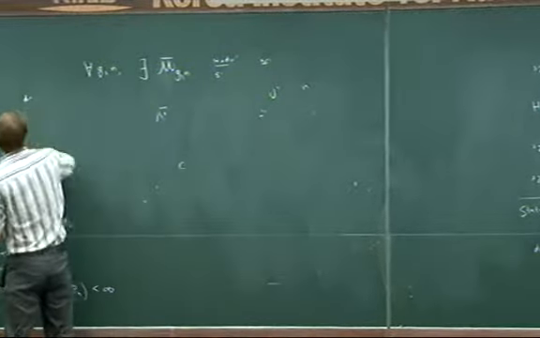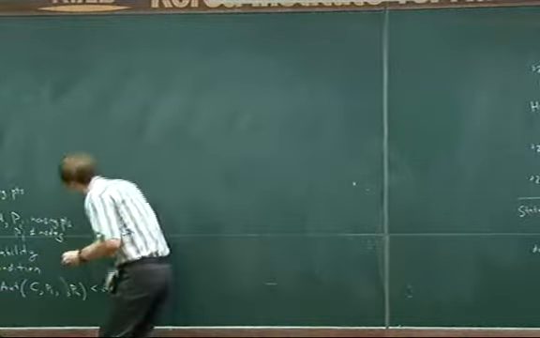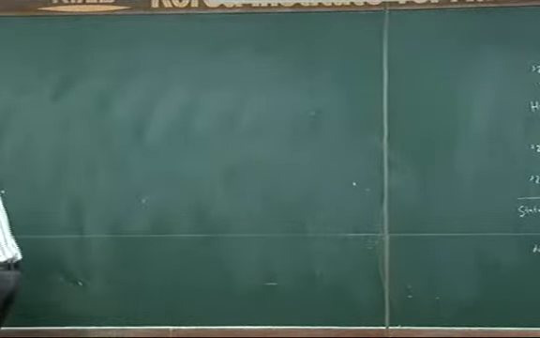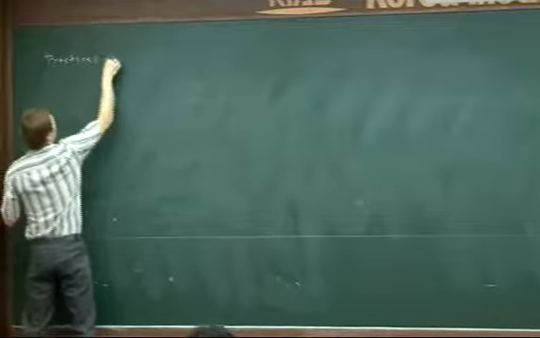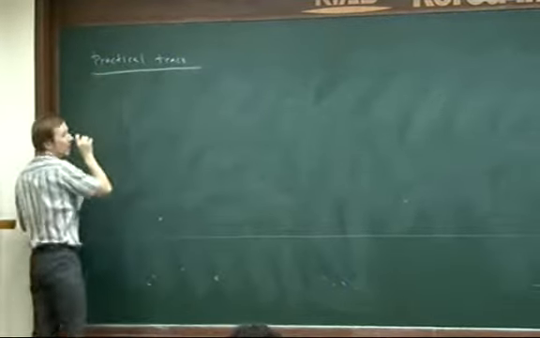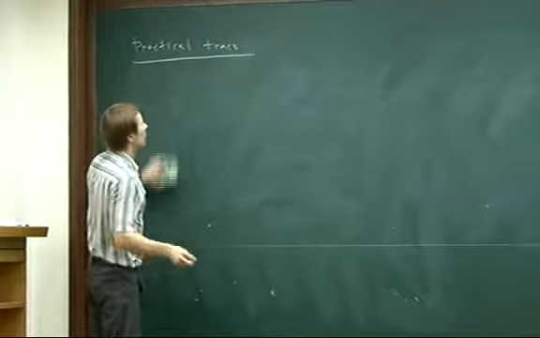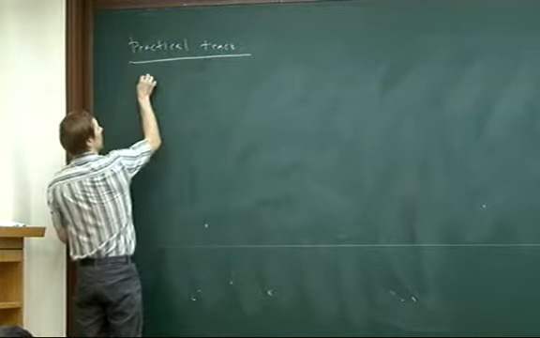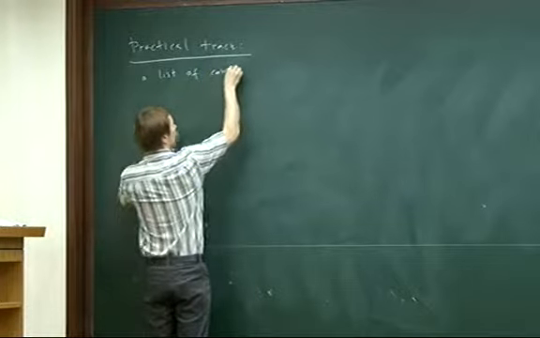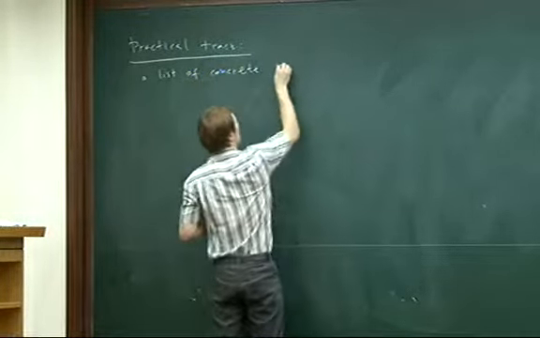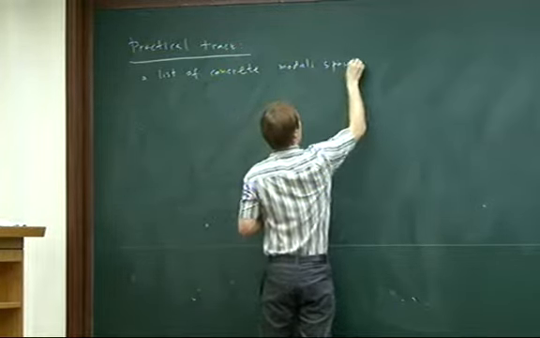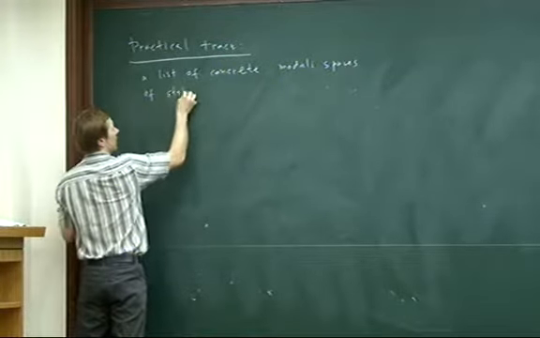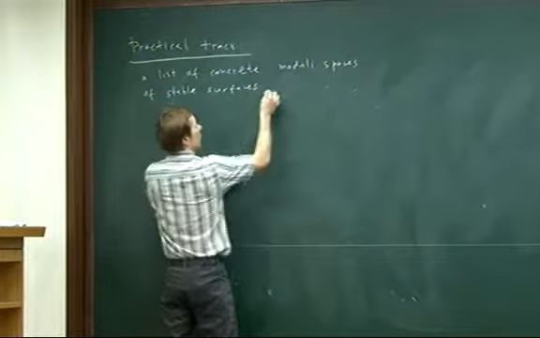And so the parallel track to this is what I will call the practical track. What I would like to list here is a list of concrete moduli spaces of stable surfaces, or surface pairs.